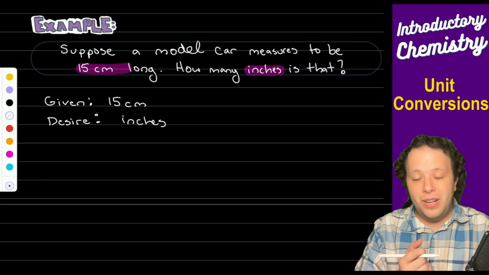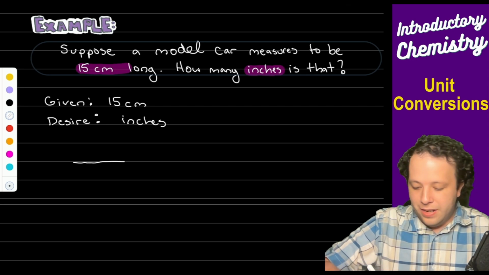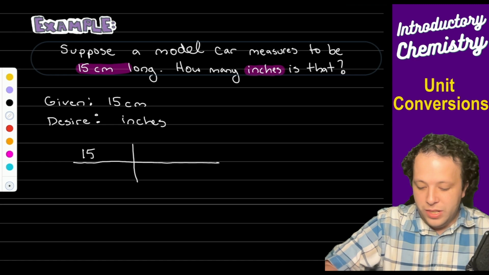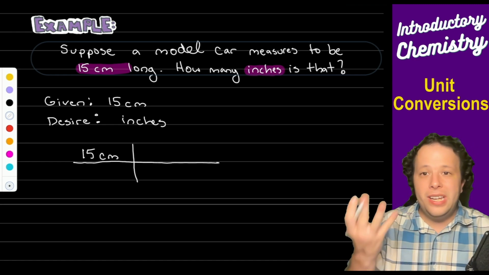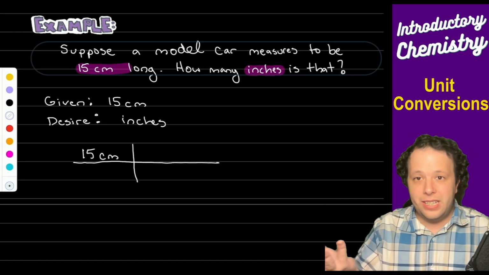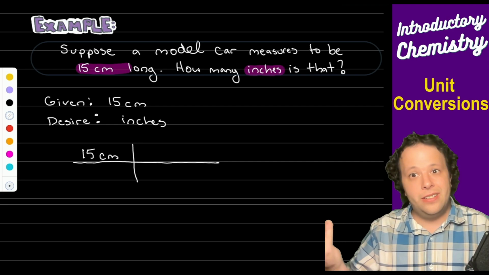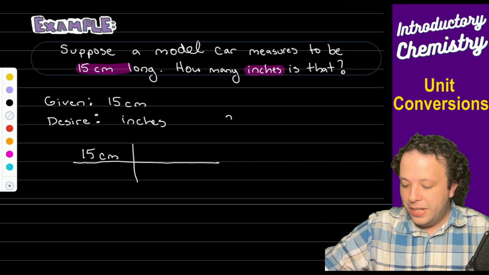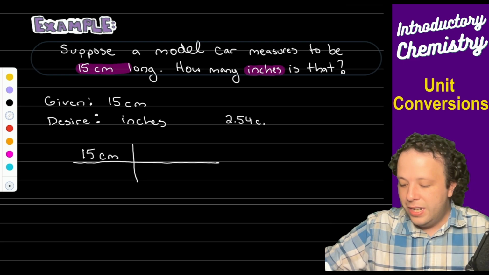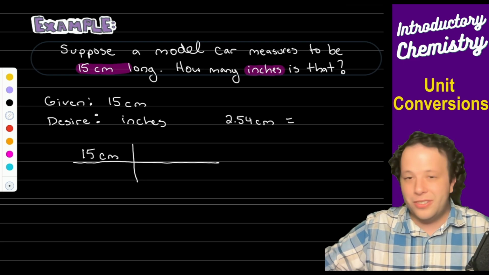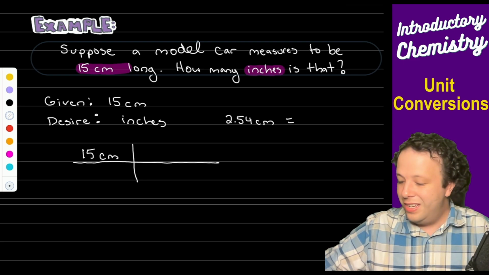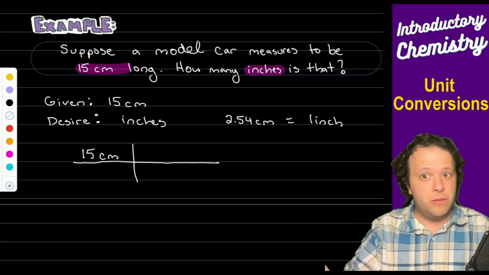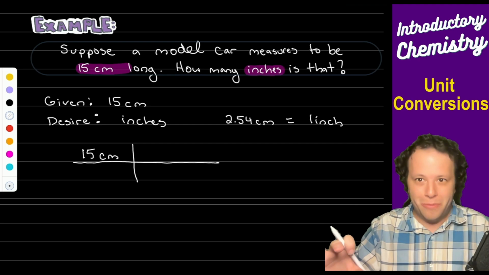So we need to define what that conversion is to go from one unit to another. So when you are doing these types of things, most likely you will have a conversion sheet available to you. If you do, we can look up how many centimeters there are in an inch. And when you do, you'll see that there's 2.54 centimeters in 1 inch. If you want to take that time, you can pause the video and try to find that before just going off my word.